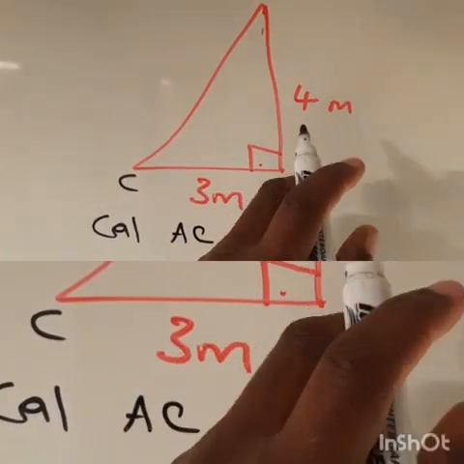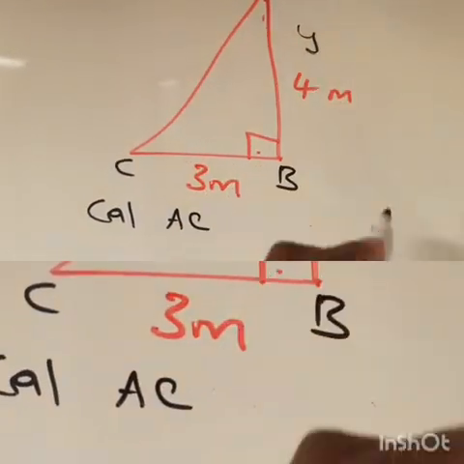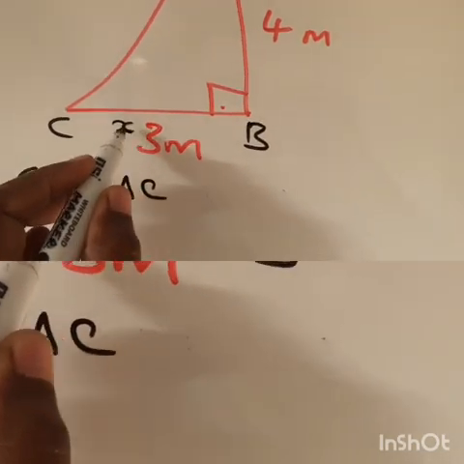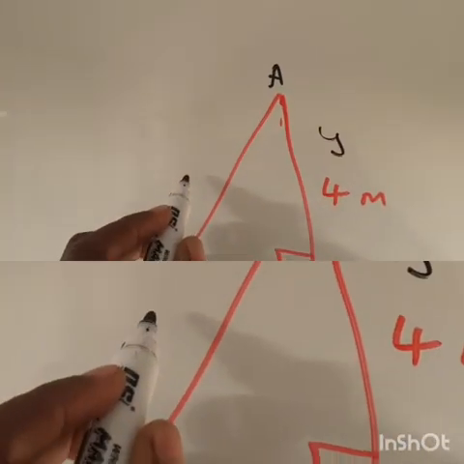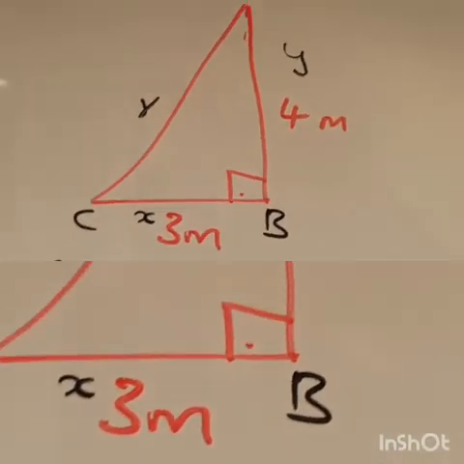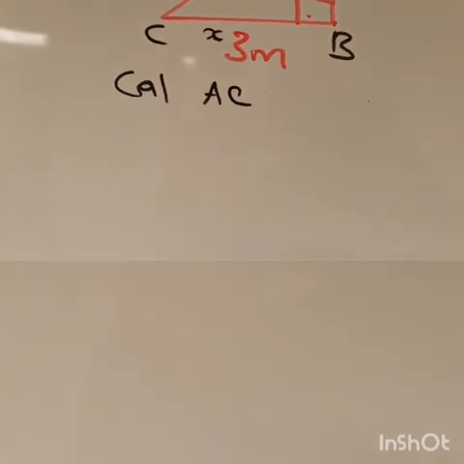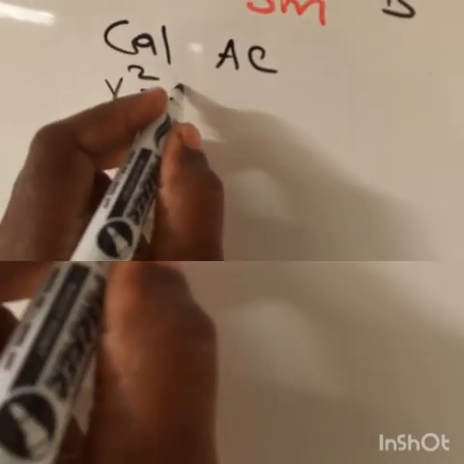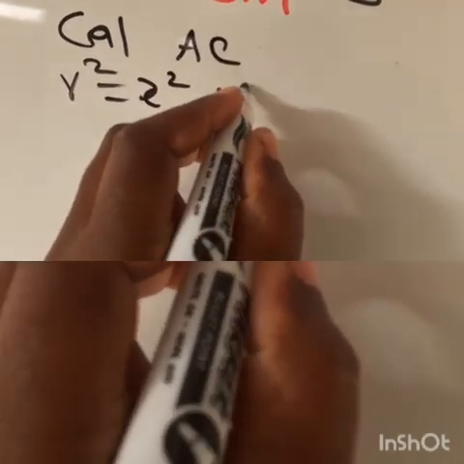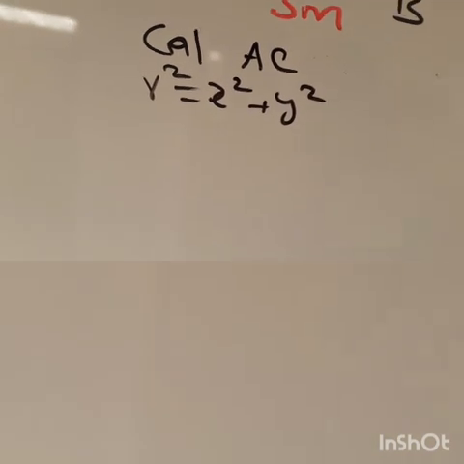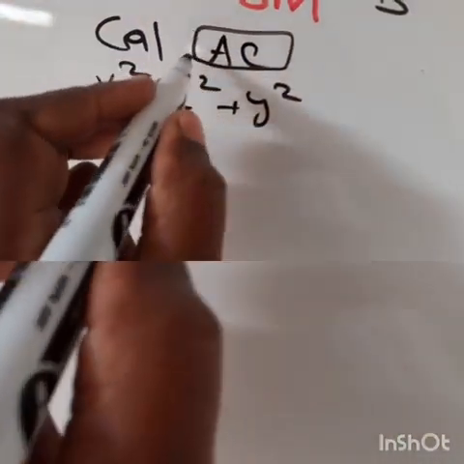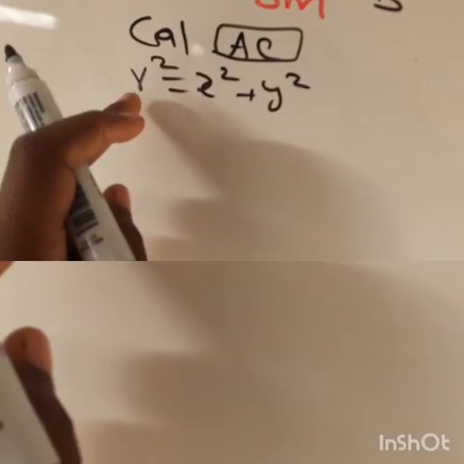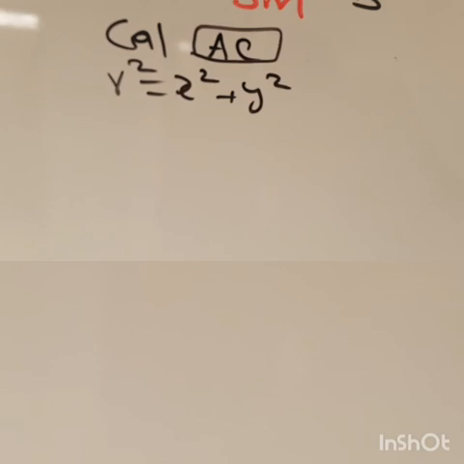This would be my vertical line, therefore it is represented by Y. This would be my horizontal line, which is represented by X. Then the last one, the obvious one, would be the R. So now I write my Pythagoras theorem: R squared equals X squared plus Y squared. Since they said calculate for AC, they didn't say calculate for R, X and Y, but the Pythagoras theorem speaks about the R, the X and the Y.